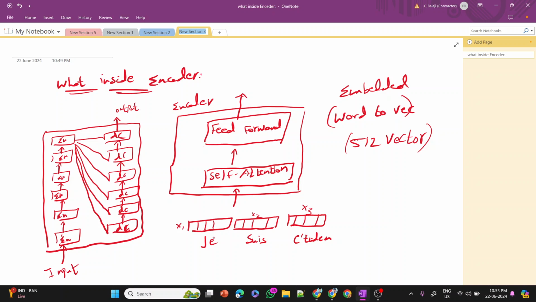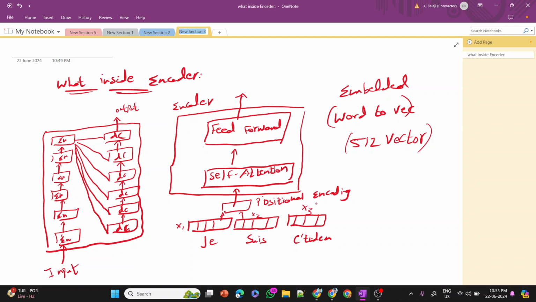Initially the words are converted into vectors, and then they are given to the position encoder. This position encoder will memorize the position of each word.